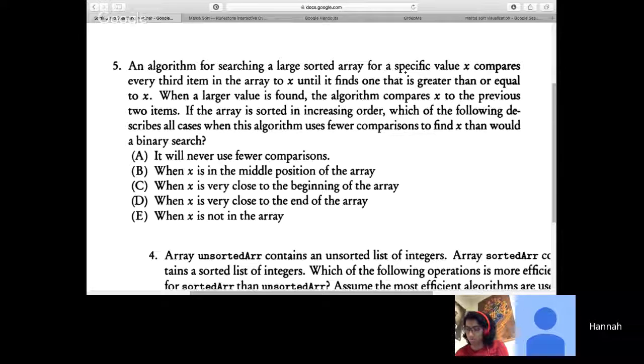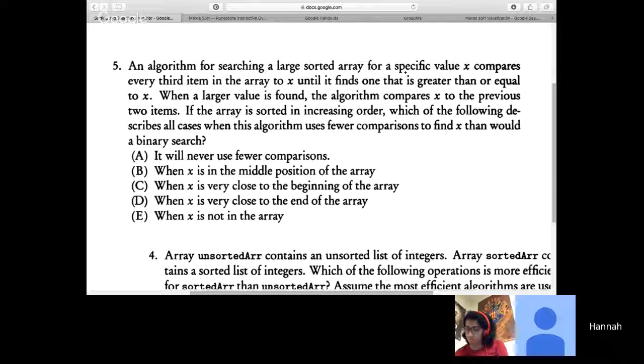So for this specific algorithm, it says that the array is also sorted, and we're searching for x for every third item. So let's say that the element that we were looking for was very close to the beginning of the array. So it was one of the first 3 elements.